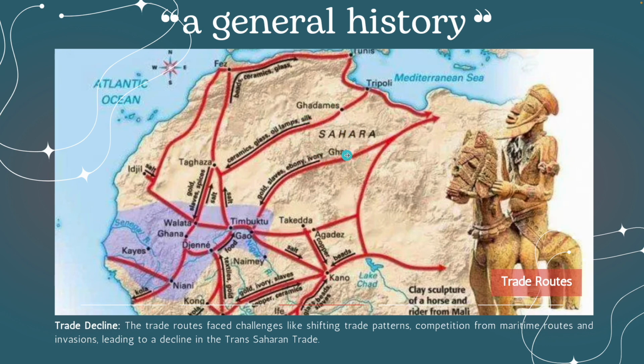And Ghat and Agadez is here, and to the fertile area between the Niger and Lake Chad. So another route connected North Africa with the Niger Bend by way of Gao and then to Timbuktu. The oldest route was from North Africa, probably from Tripoli, via Fezzan and Tibesti to the Lake Chad area.